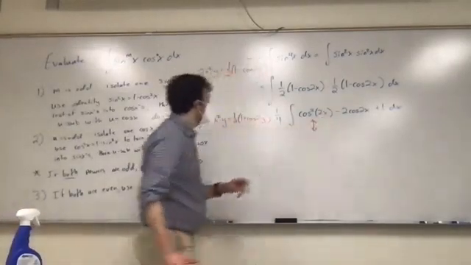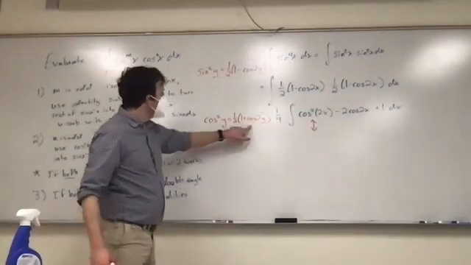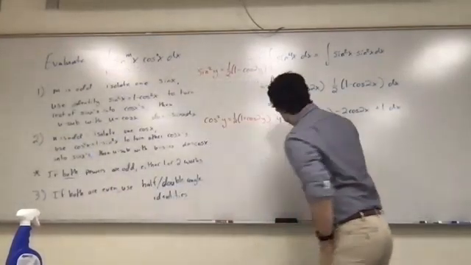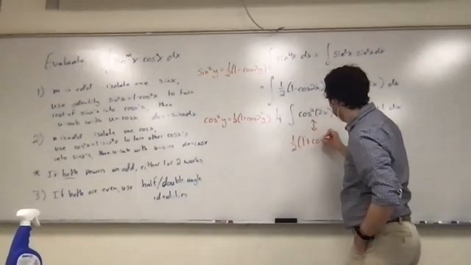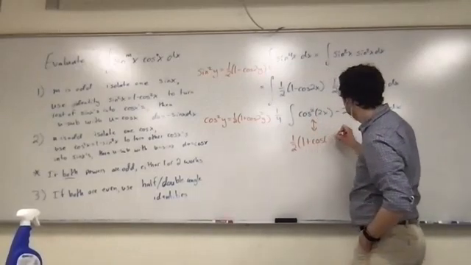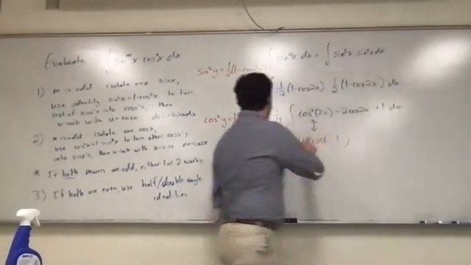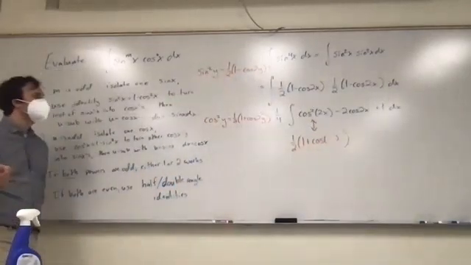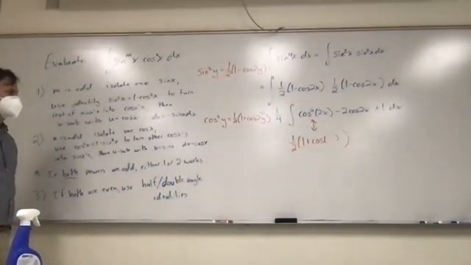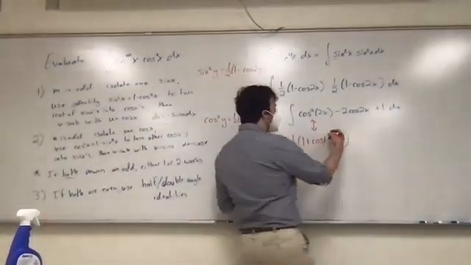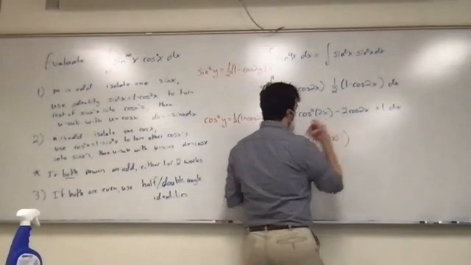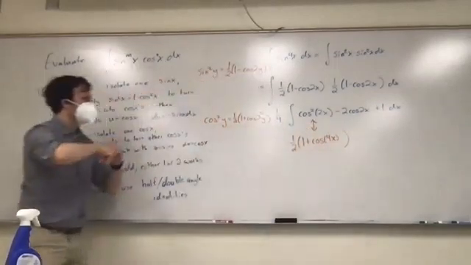But then how we deal with this case is we use this formula. It is 1/2 times 1 plus cosine, but the thing inside cosine is 2 times what we started with. Since we started with 2x, now we get a 4x.